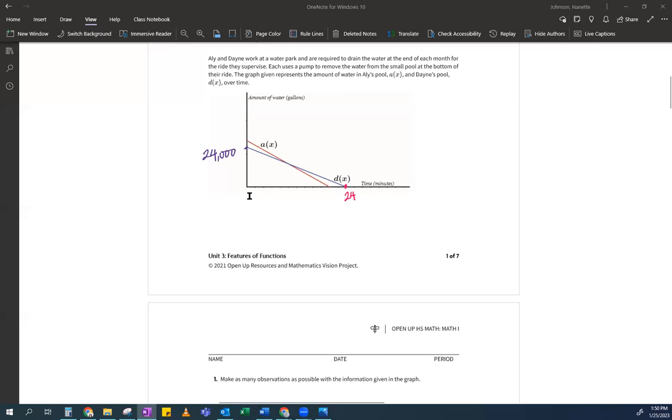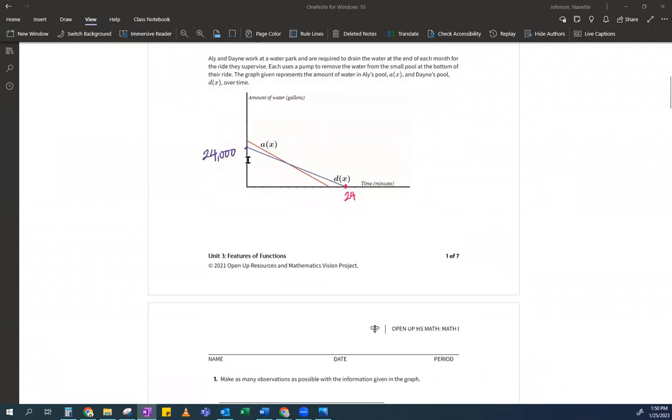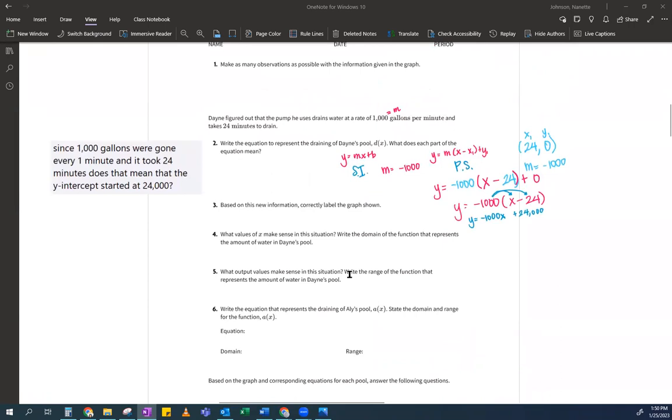So looking at my domain, someone tell me about my domain. Yes, very good. Looking at this right here, do you guys think I should use brackets or parentheses? Yeah, it's brackets.